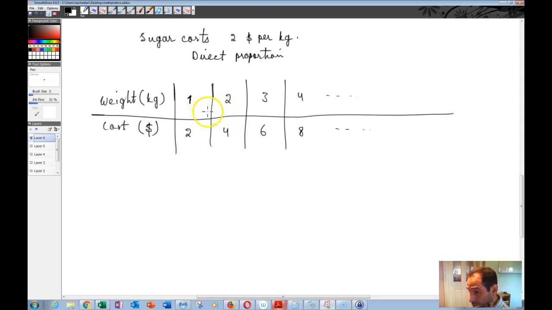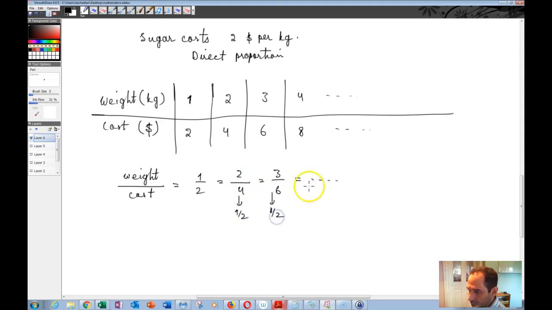They are increasing together, and the ratio is actually remaining the same, meaning that the ratio of weight to cost of the sugar is here 1 to 2, here 2 to 4, here 3 to 6, and it's all equal to 1 to 2, and so on. The ratio is not changing. So that's one example here.